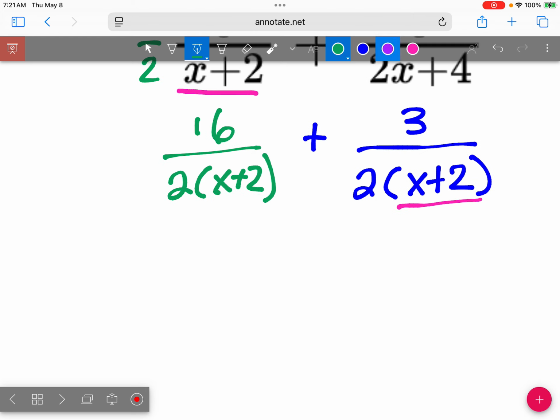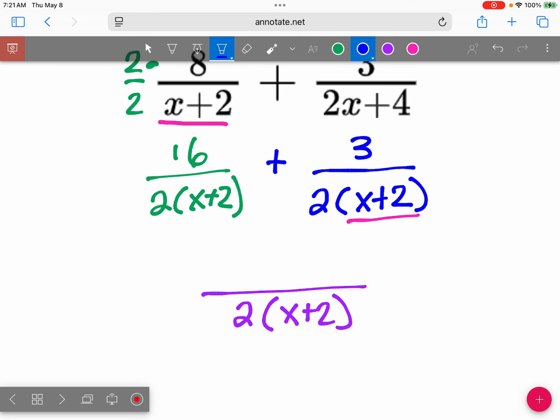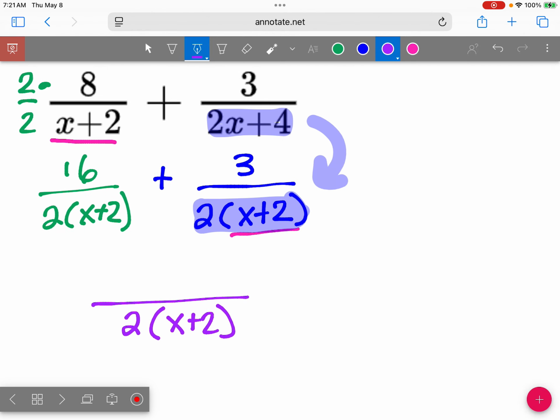Now that they have that same denominator, we can push them together. They have that same 2 times x plus 2. But our numerator now, what's up? I multiply the top and the bottom by 2, just on the left one, because the right one already has the 2. This one, I factored this to get this. This was factoring.